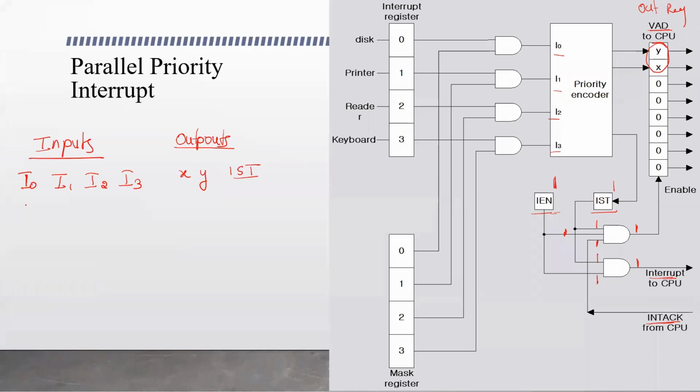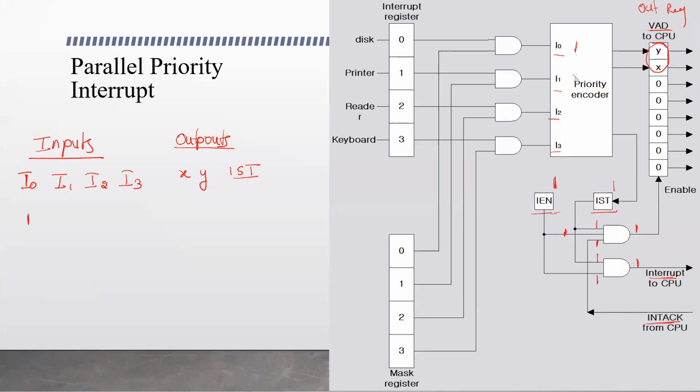So let's say I0 is the interrupt signal from disk. That is the highest priority device. So if the disk has generated an interrupt, this bit will be 1. And when this 1 is received by the priority encoder, it will not consider the inputs I1, I2, I3.